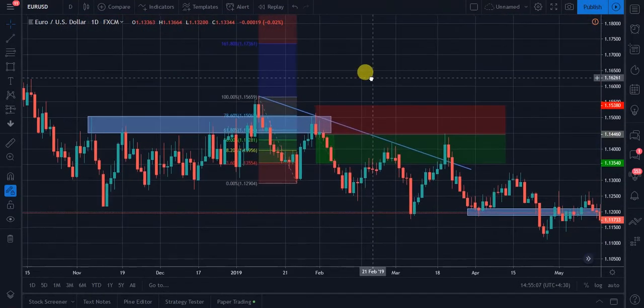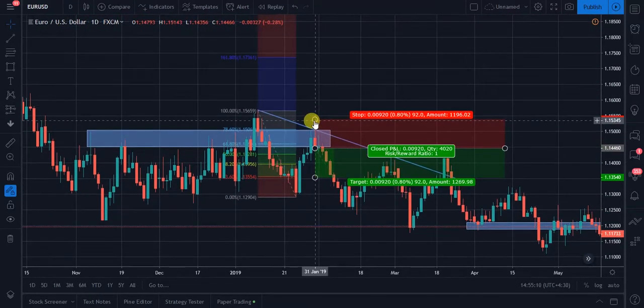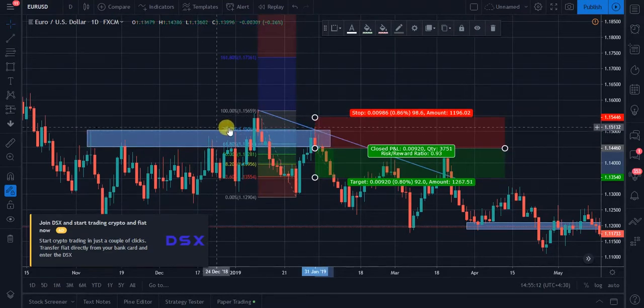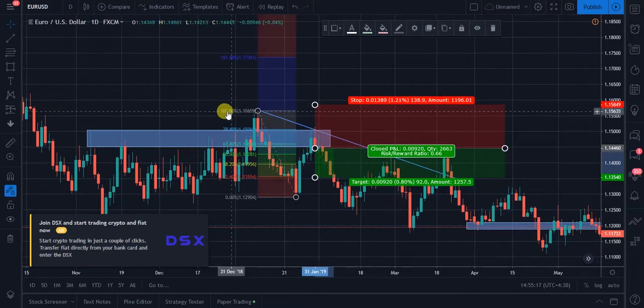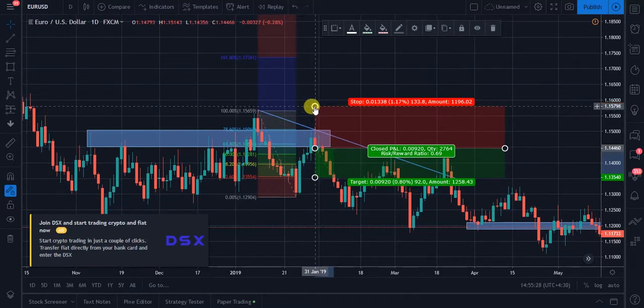Because our entry level is here, we go over 100% for our stop loss. It depends on our time frame, how many pips we can use for a stop loss. For example, here on the daily time frame, maybe 20 to 30 pips above this level.